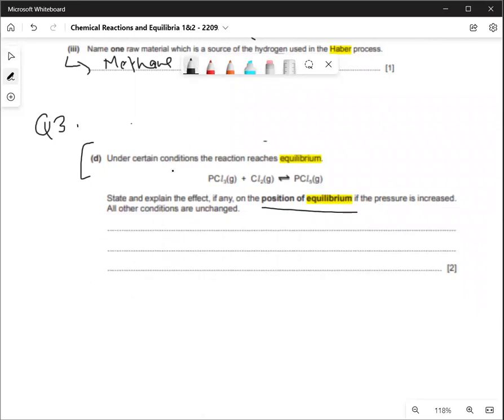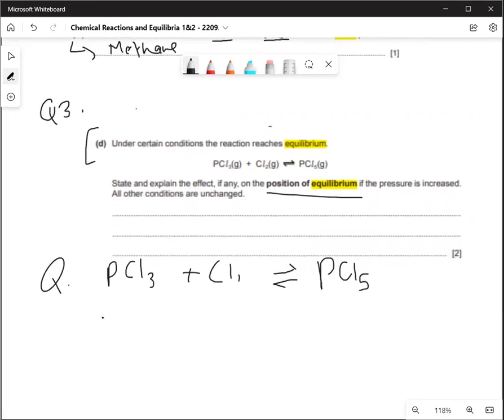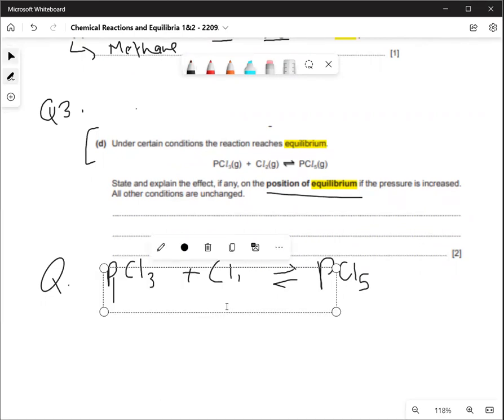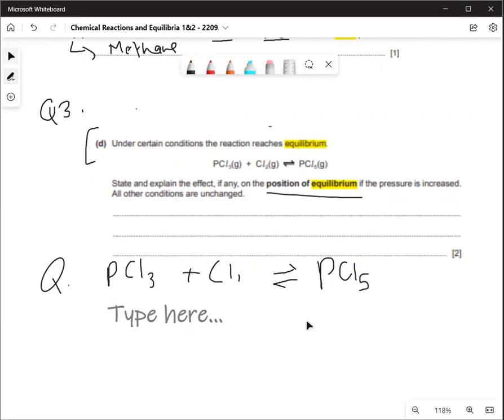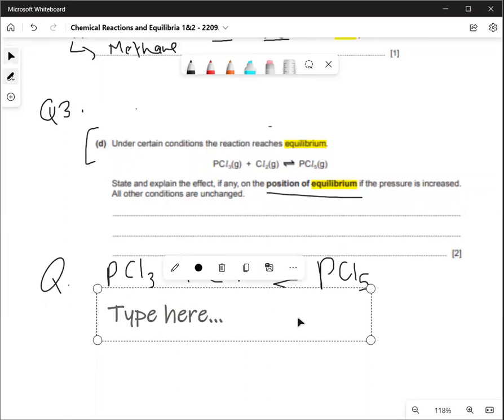Now write the question down. First, write the question down. This is the question. PCl3 plus Cl2 gives us PCl5. You don't need to write the state symbols. Increasing pressure, the less particles will be formed. The side with the fewer particles is favored.